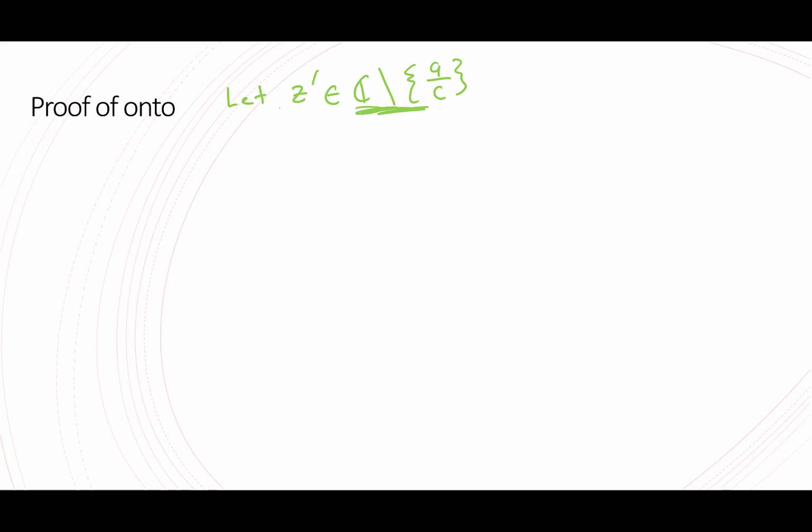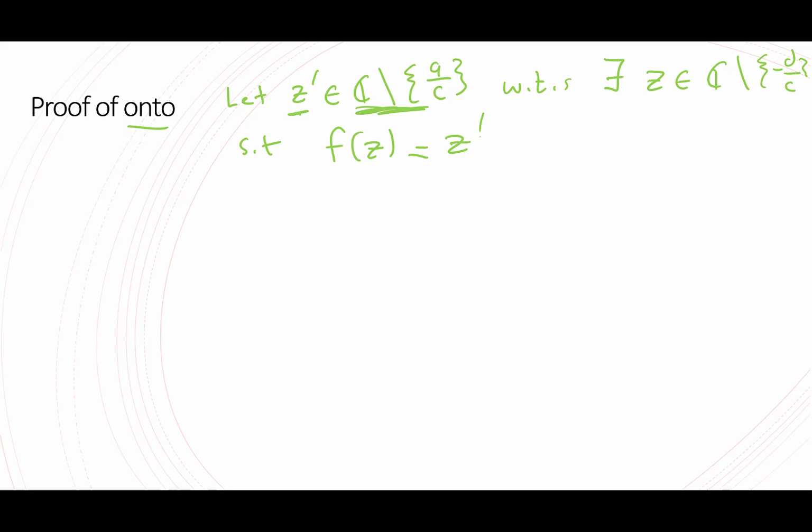We want to show that there exists a z in C less minus d over c. Remember, we can't plug in minus d over c or we blow up the universe. We want to show there exists some z in C less minus d over c such that f of z, if I plug z into the function, I actually get my output out.